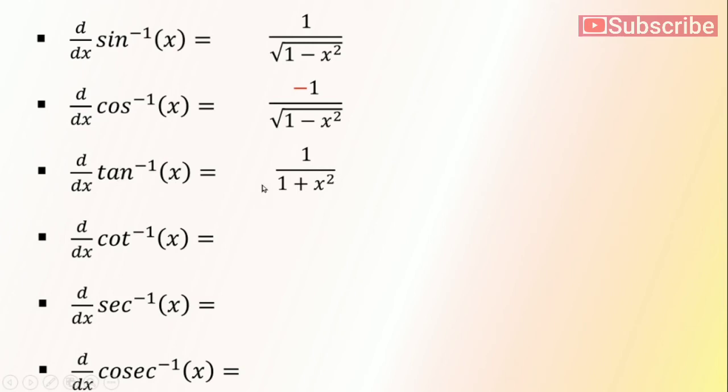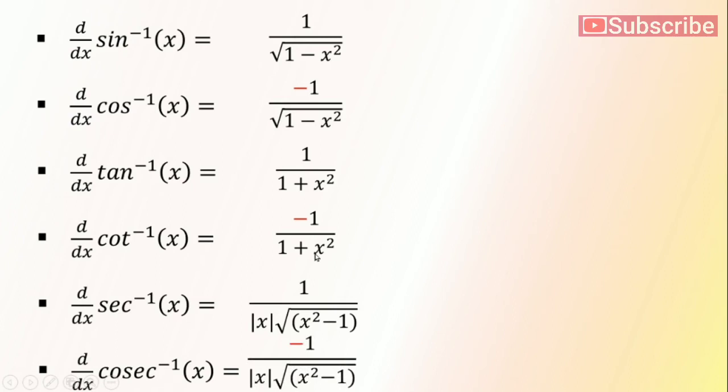See this one, 1 by 1 plus x square; cot inverse x is minus of 1 by 1 plus x square. Okay, sec inverse x, this is 1 by mod of x root over x square minus 1. I am not talking about derivation, right? Just how to remember and what the formulas are, that is all we are discussing. Okay, cosec inverse x, just put a negative sign.